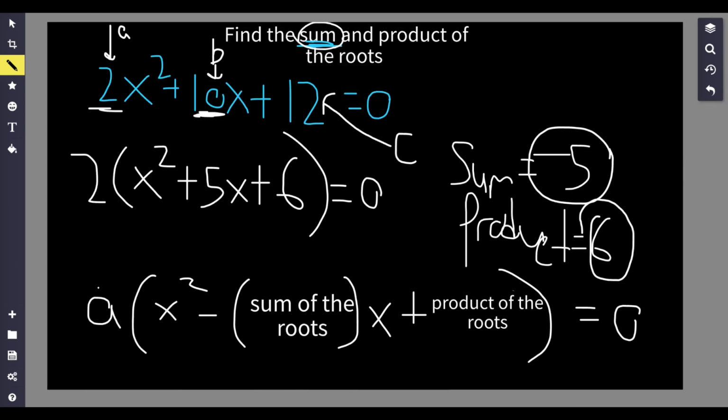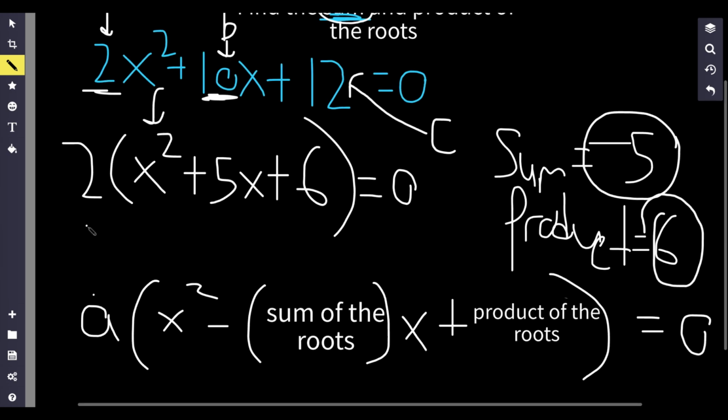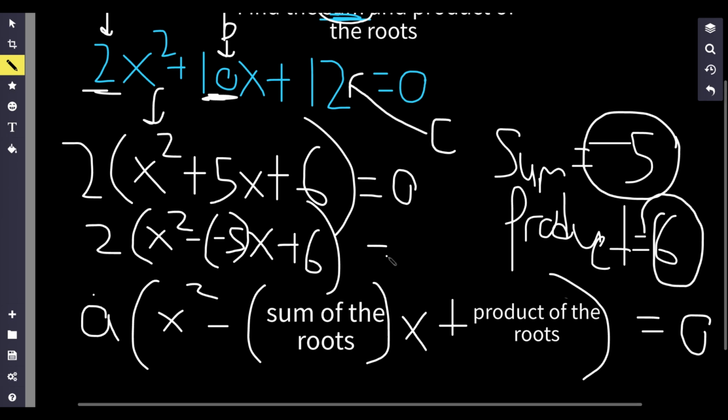Now going back to the first example, there's actually another way to find out the sum and the product of the roots. So in this case, our first step was we took out a 2 from every term. Now, what you notice is that we can rewrite this whole equation as x squared minus negative 5x plus 6 is equal to 0.